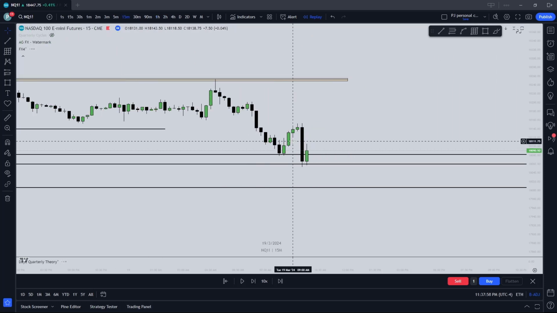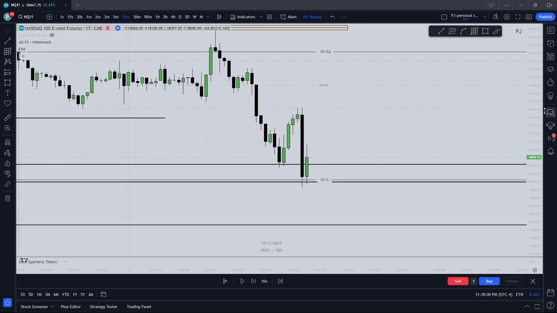You see on the 15-minute, we had a thick down close candle sweeping lows, leaving a fair value gap with a decently sized wick. The next candle instantly responds, creating a low time frame CISD.